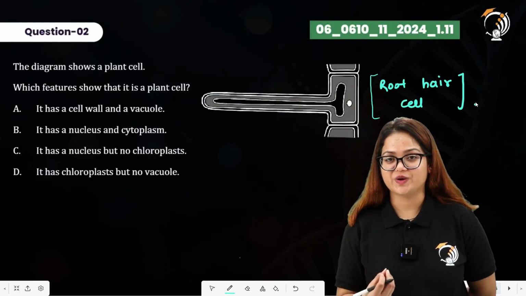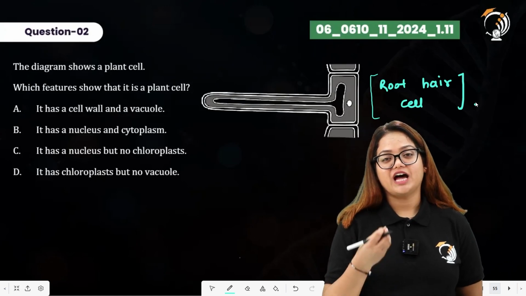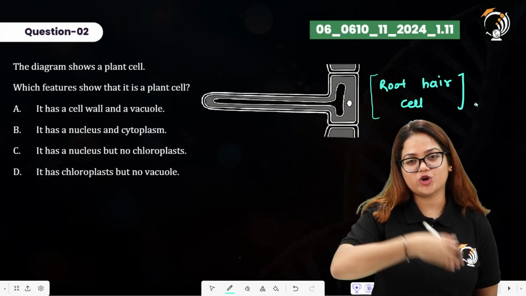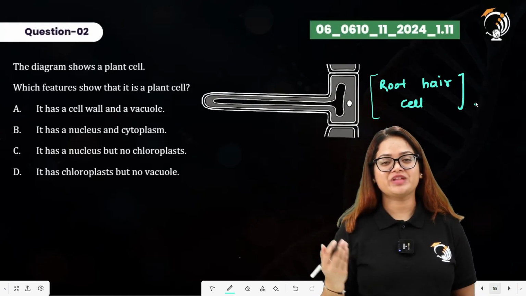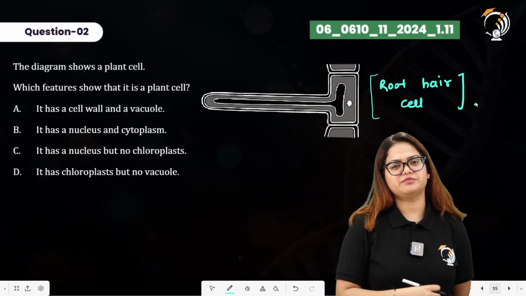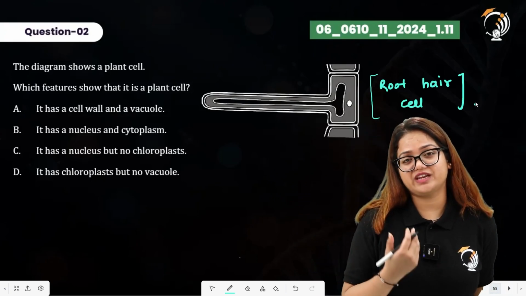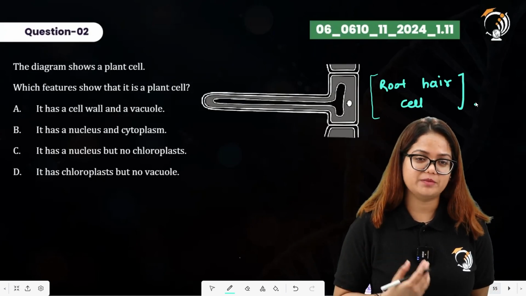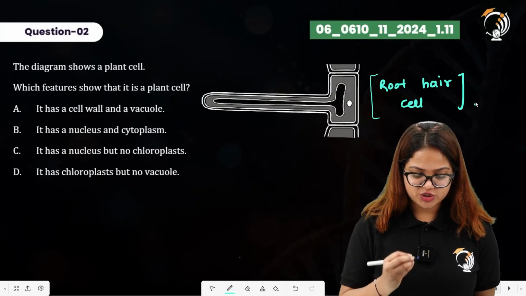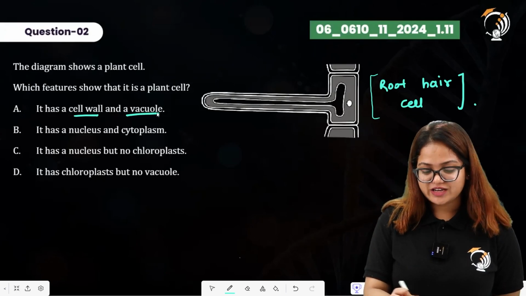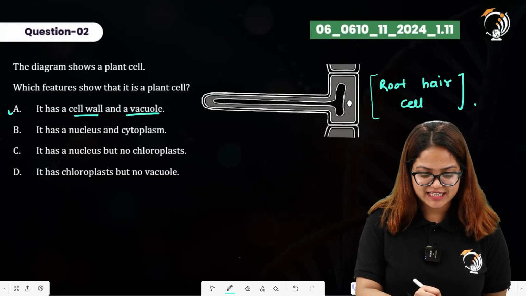The plant cell has a vacuole. The vacuole amount is different in different types of cells. In plants it occupies up to 90% of the cell volume, whereas in animals it might or might not be present, or be synthesized whenever these vacuoles are required by the cell. So it has a cell wall, it has a vacuole, and the first option suits well. So A is the right answer.